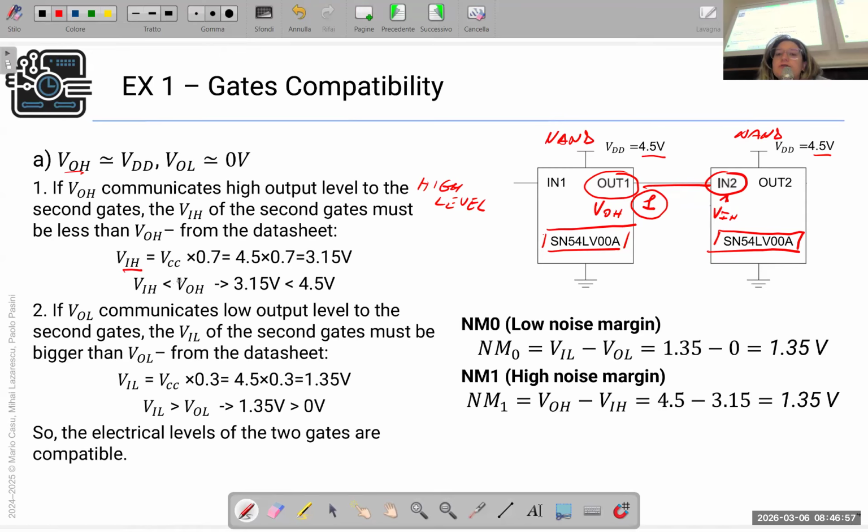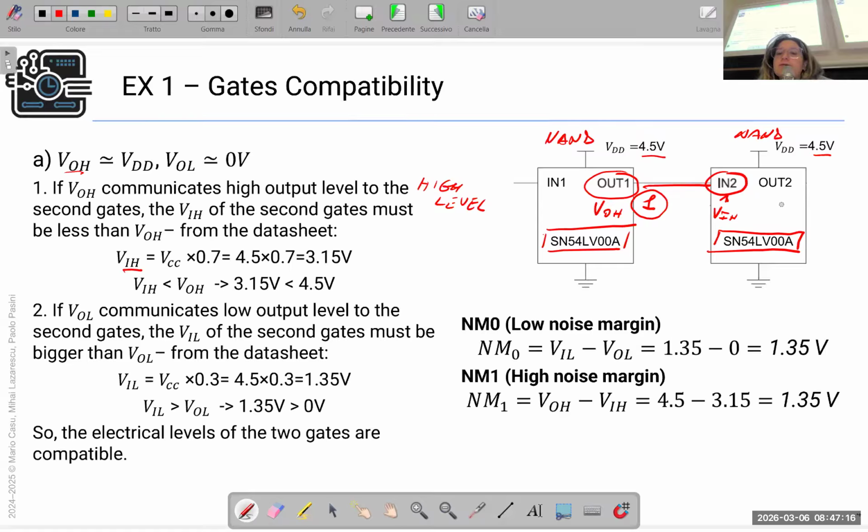There are different types of gates, but in any case, here we are just simplifying the scheme, the circuit, to make you understand how this kind of compatibility must be seen.